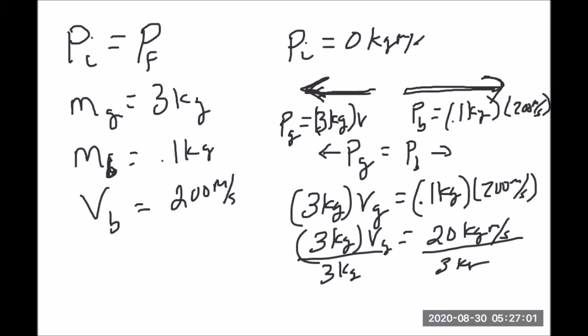And 20 divided by 3 is 6.67 meters per second. So the recoil velocity of the gun would be about 6.67 meters per second. And that would be much easier to handle than a gun firing back at you at 200 meters per second.